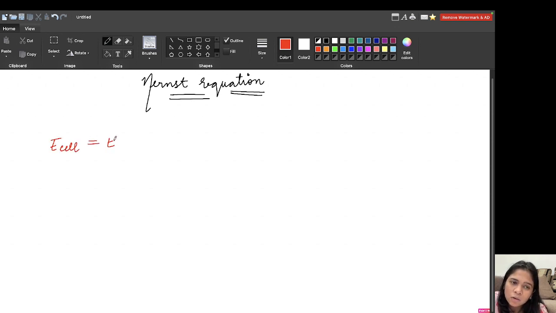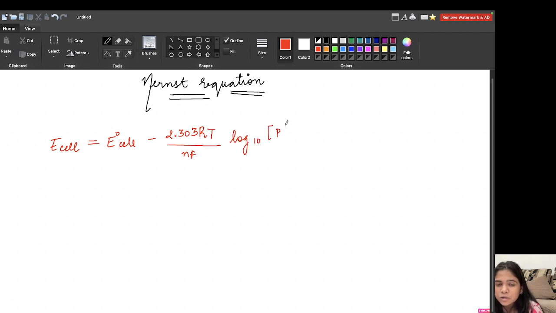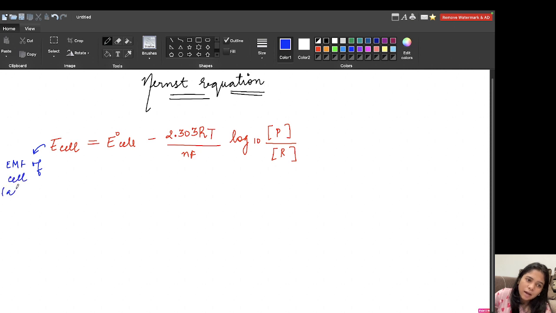E of cell is equal to E naught of cell minus 2.303 RT by nF log base 10 of concentration of product upon concentration of reactant. E of cell, that's what your EMF of the cell is, right? This is your actual EMF of the cell at any concentration and temperature.